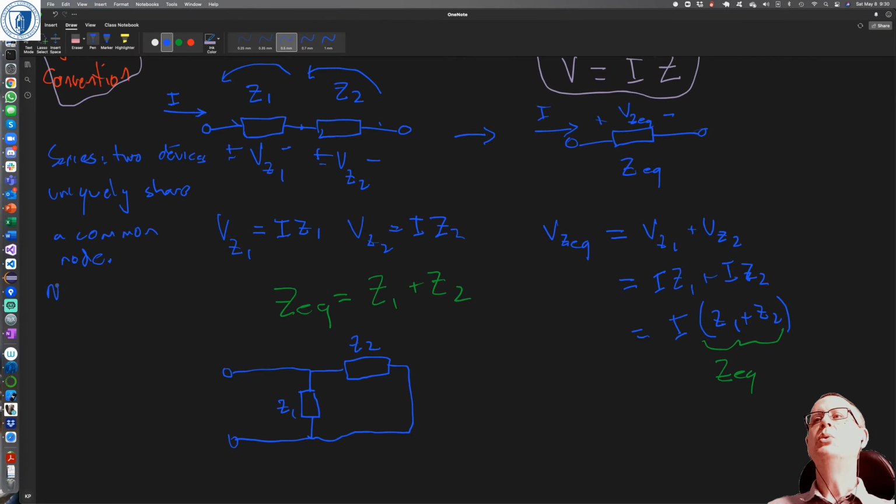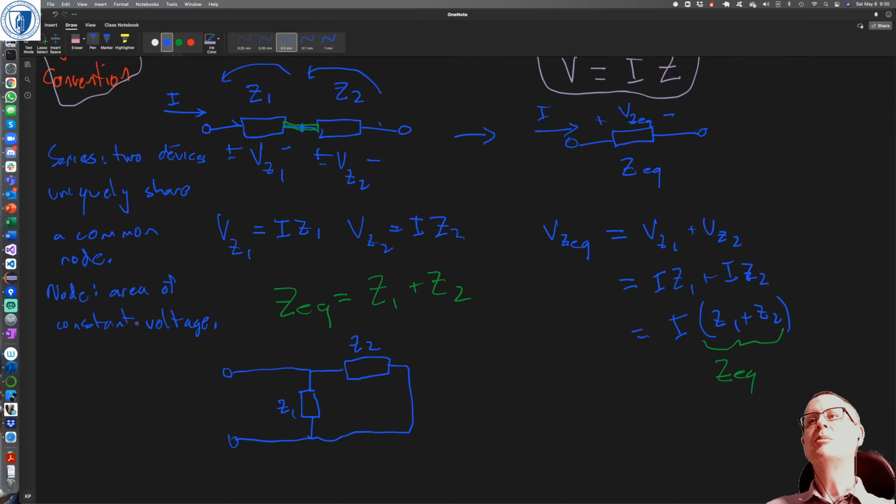And remember, a node is an area of constant voltage. Okay, so this is a node. In fact, this whole thing here is a node. And so that's an area of constant voltage which Z1 and Z2 share with nobody else.